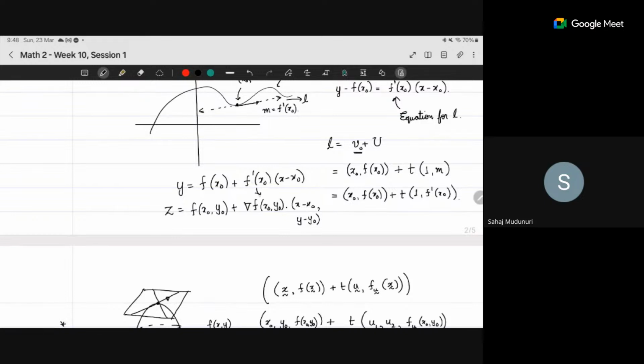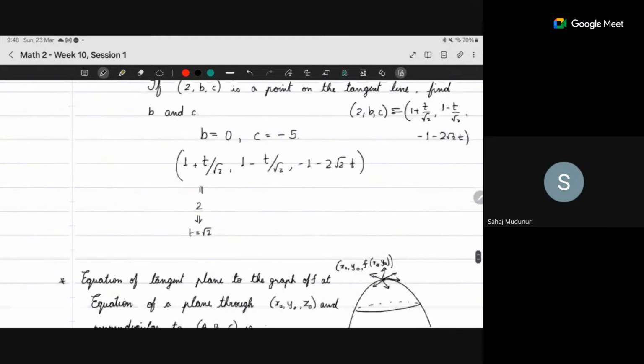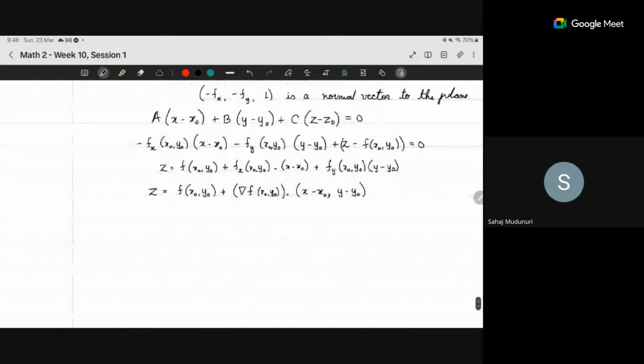Wherever you have a derivative of a one variable function, you can expect there to be some corresponding notion with the use of the gradient. In one variable you can just multiply these two real numbers, but here you cannot multiply vectors. You have to take the dot product. So even if you forget the formula, you can quickly go back to the one variable case, put nabla f wherever there is f prime, and you'll get it back.